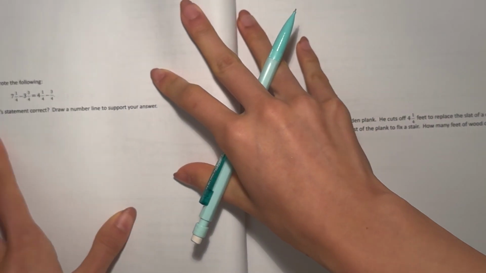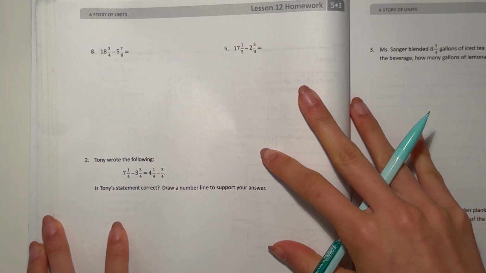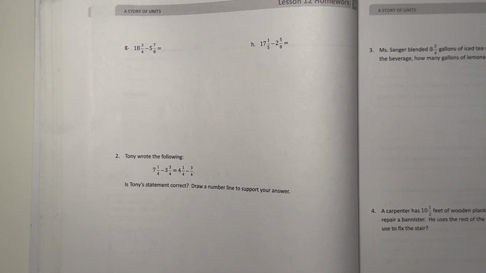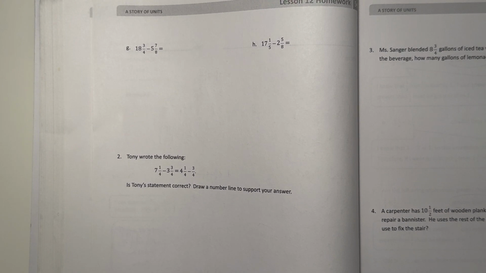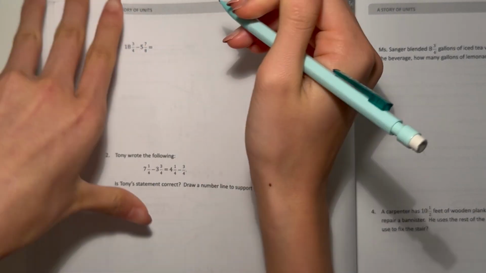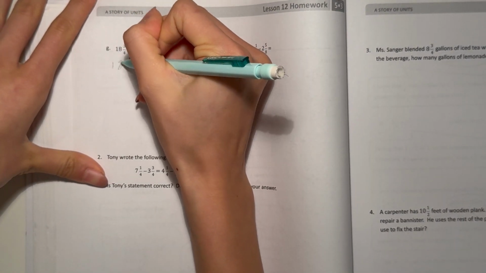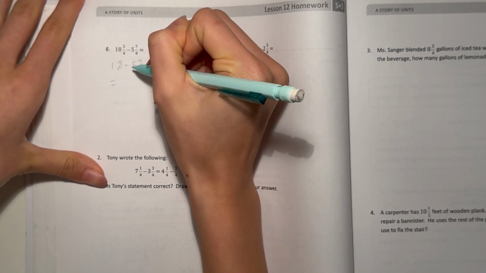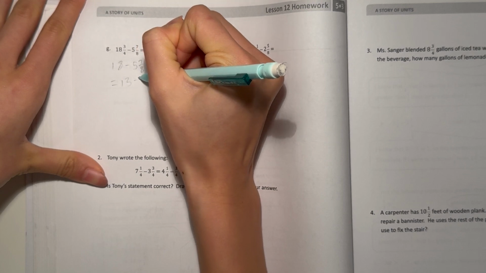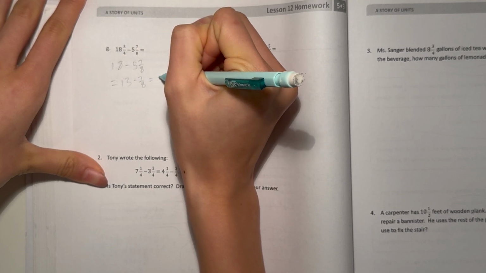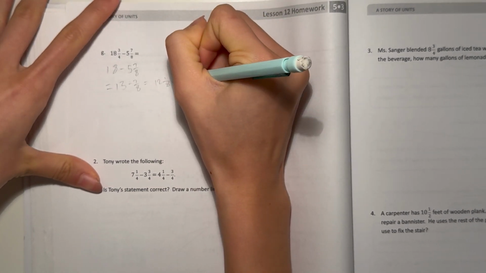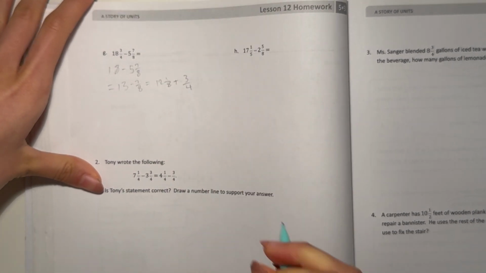Alright, next page. G. 18 3/4 minus 5 7/8. So first, 18 minus 5 7/8. 18 minus 5 is 13, minus 7/8, which is 12 and 1/8. Plus that 3/4 we took away from earlier.